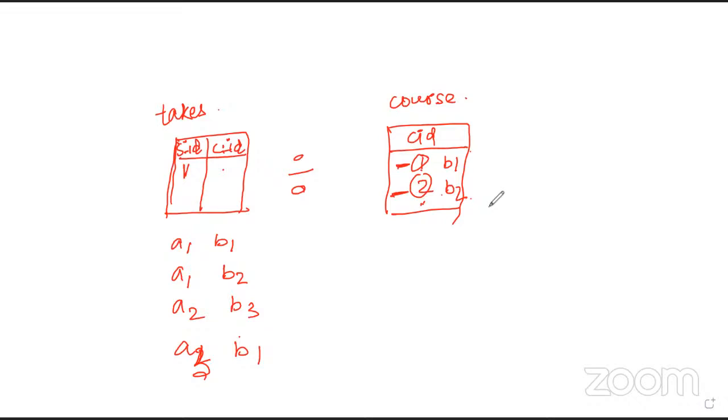So you tell me how to find this. Who took all the courses? All the courses means whichever tuples are present in the course table. B3 is not present only. Oh, okay, I forgot it. So there is no student who took this course. If there is one more tuple present, that is B3, then A1 would be the answer.